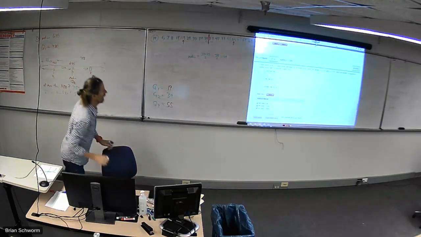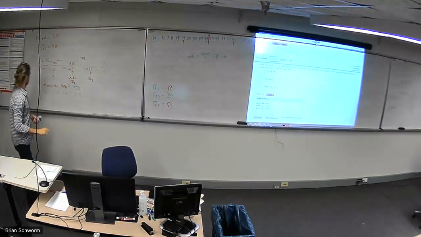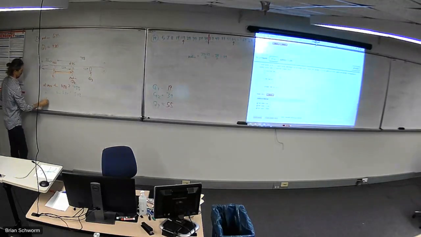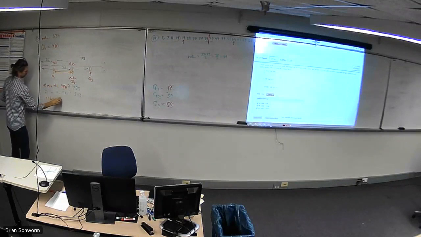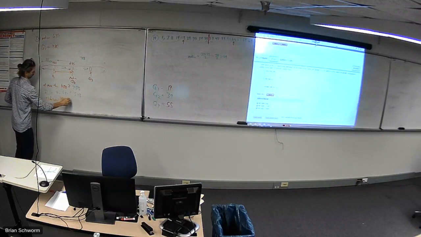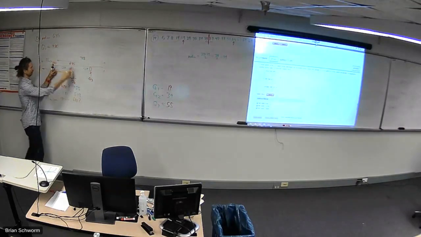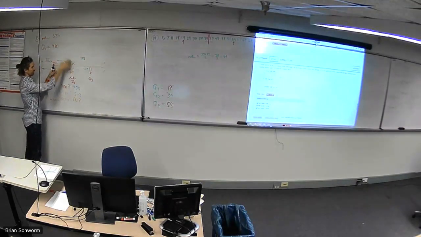And then part C, in between 480 and 635. 480 is the first quartile, 25% below it. 635 is the median, 50% below that.